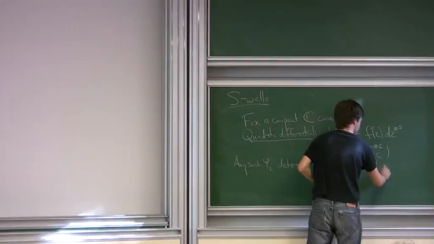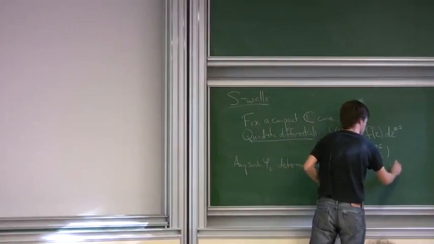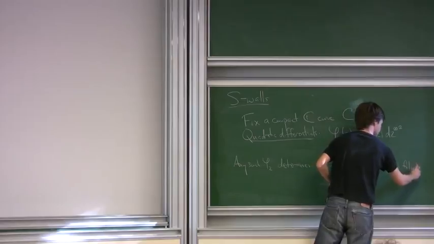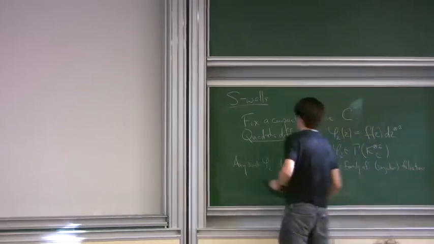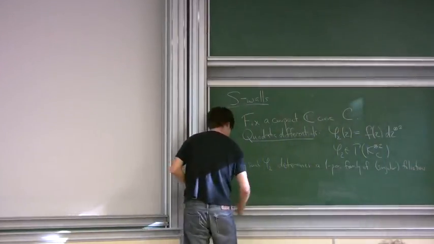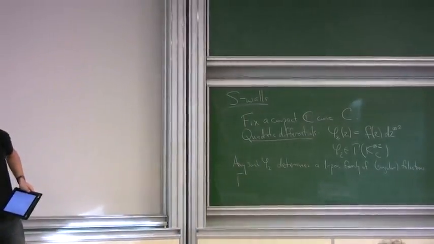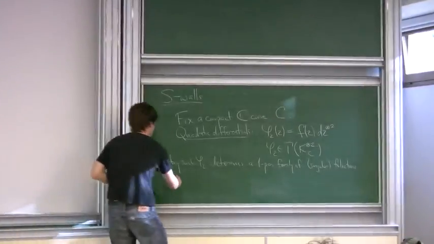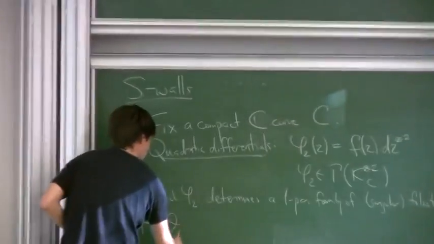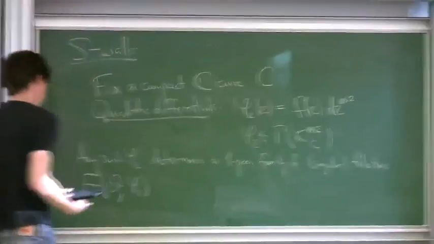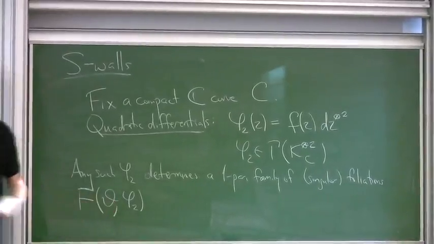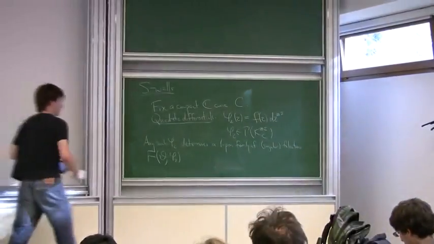Okay, honestly, they're singular foliations. We'll see where the singularities are in a second. So I'm going to call my foliation F of theta, this is theta bar, F of theta and phi 2 of the curve C.